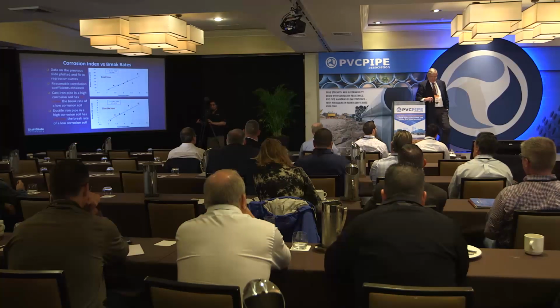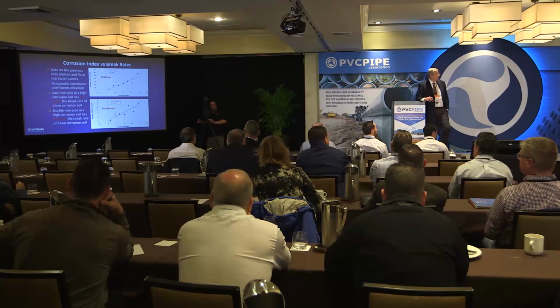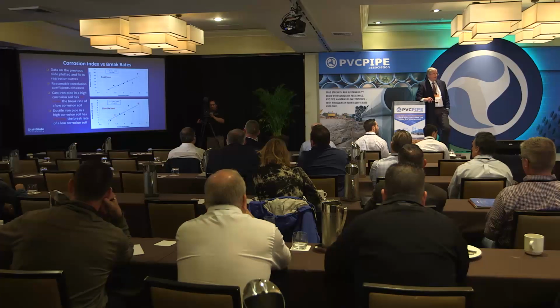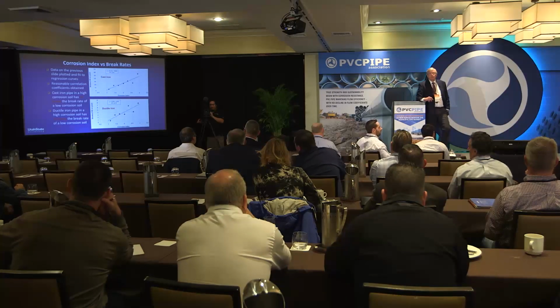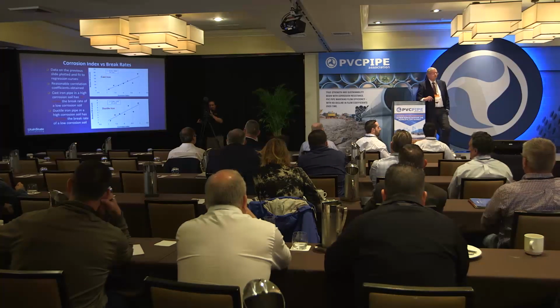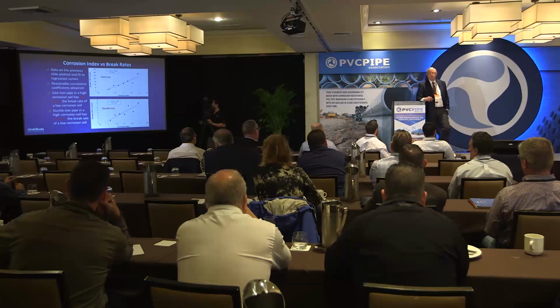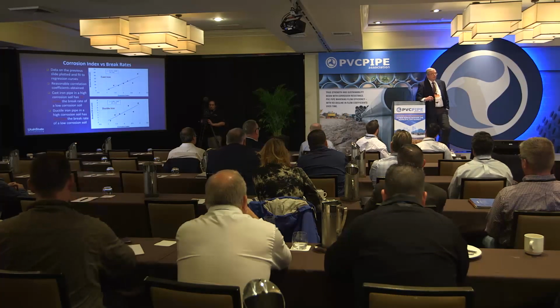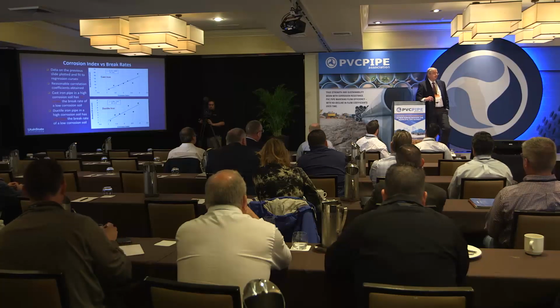If we look at ductile iron, we're seeing a factor of 10 between a low corrosion index soil and a high corrosion index soil. I forecast there'll be a lot of cities that read this report and take a look at their own corrosion index. Smart cities, like Logan, where I come from.